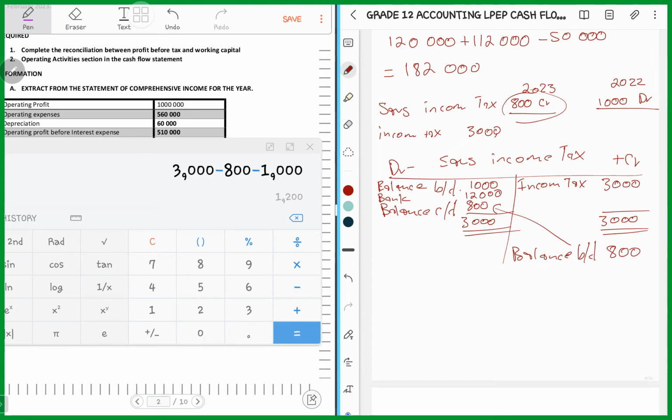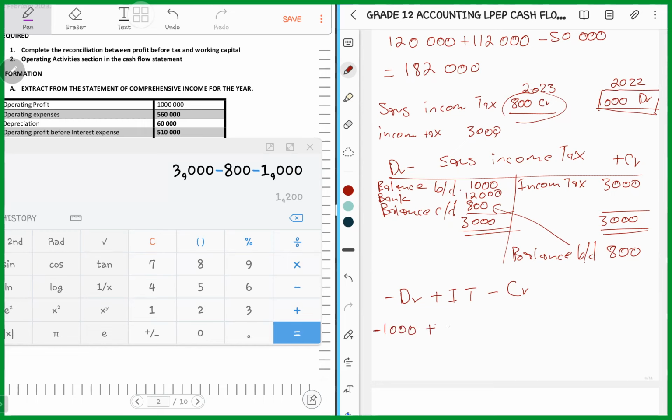So since it's debit and credit, you would start with the credit and the debit. Since here, if you check, it started with a debit, then you're going to say negative debit. Then you're going to add the income tax. Then you're going to subtract the credit balance at the end. Then it will be how much? It will be negative 1,000.